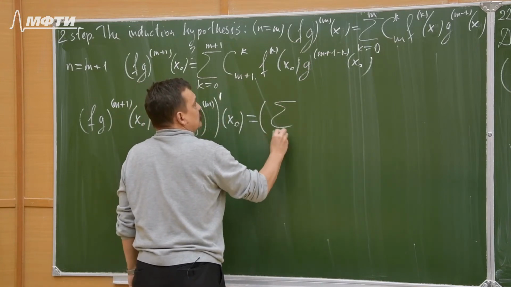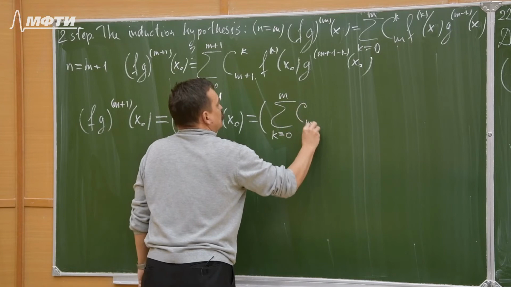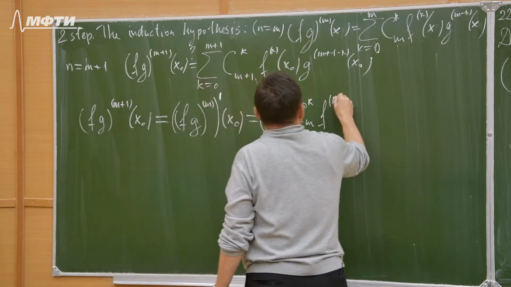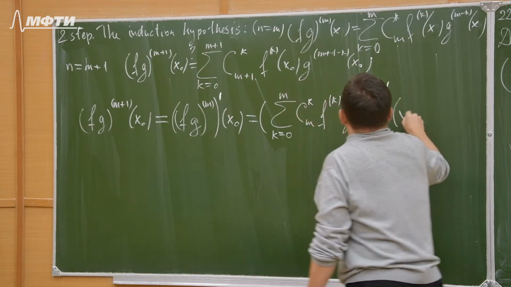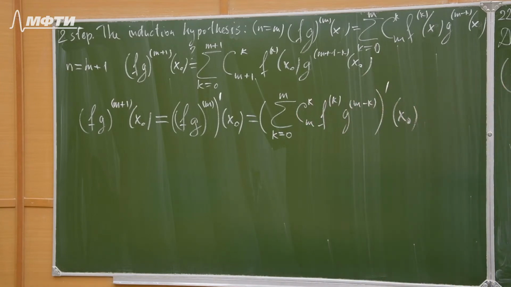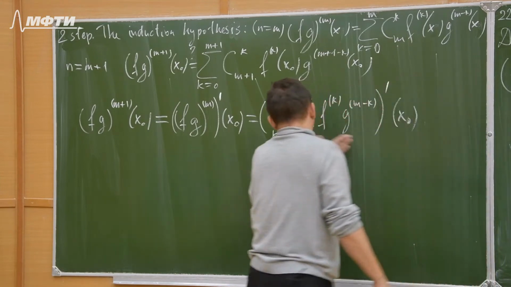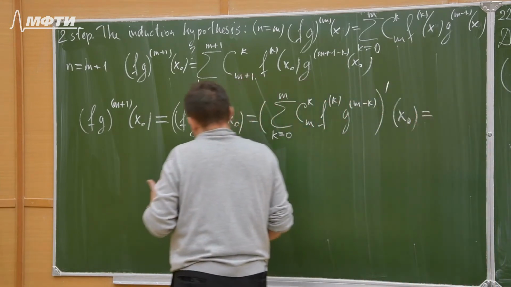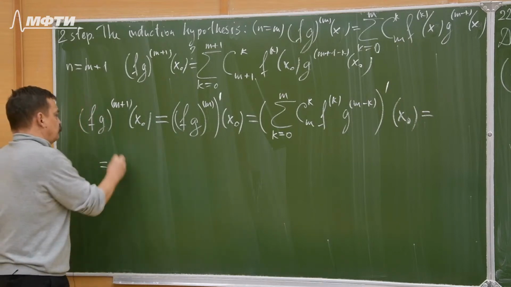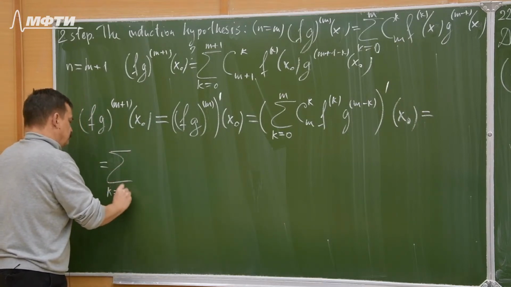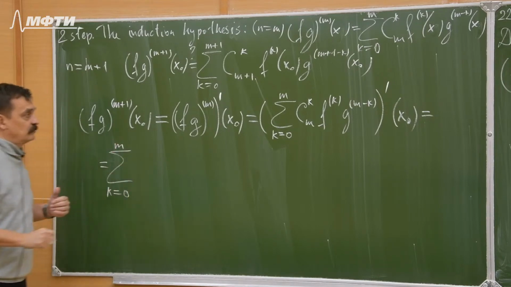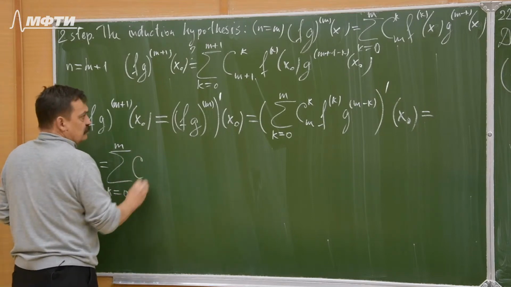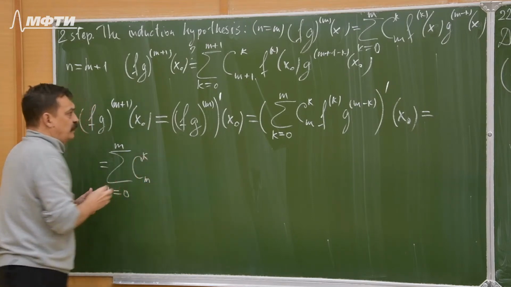And I'll omit the argument in the functions here, the derivative at the point x naught. So we have the derivative of a sum, which is equal to the sum of derivatives. So finitely many, we proved it for 2 terms, hence it is valid for finitely many terms as well.